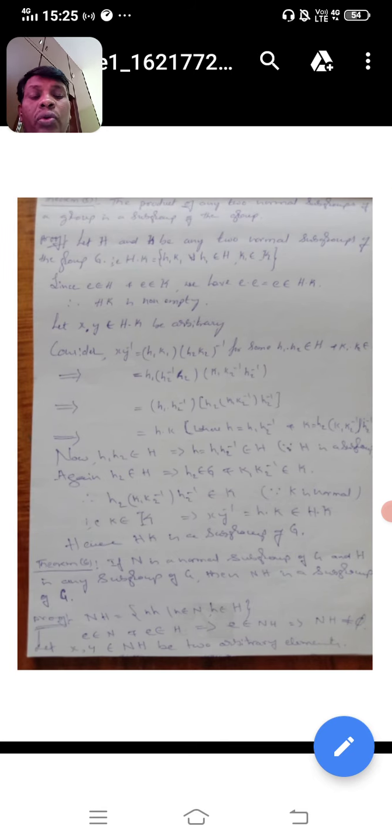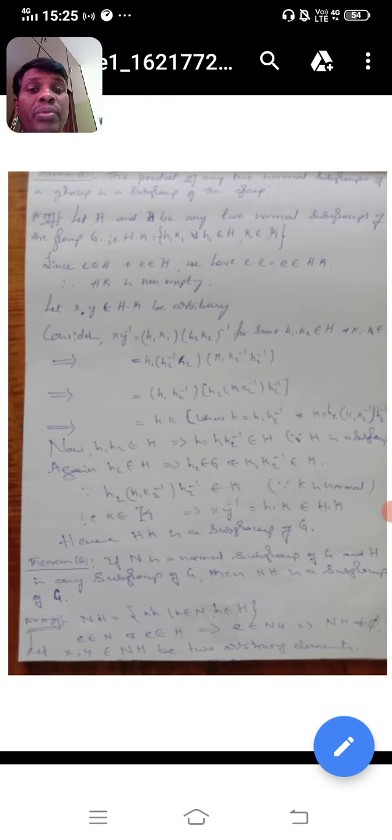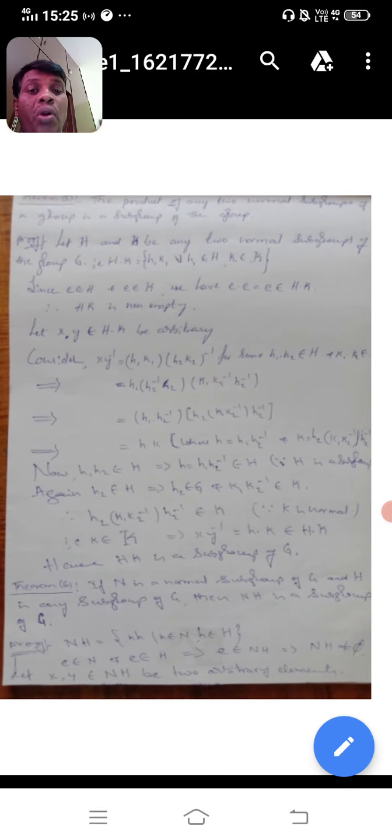First, we have to know the statement. The statement says the product of any two normal subgroups of a group is a subgroup of the group.